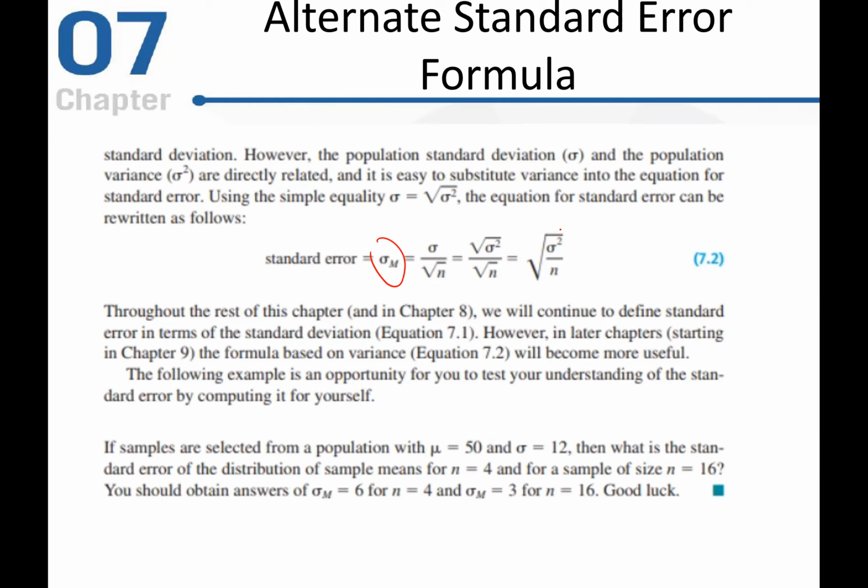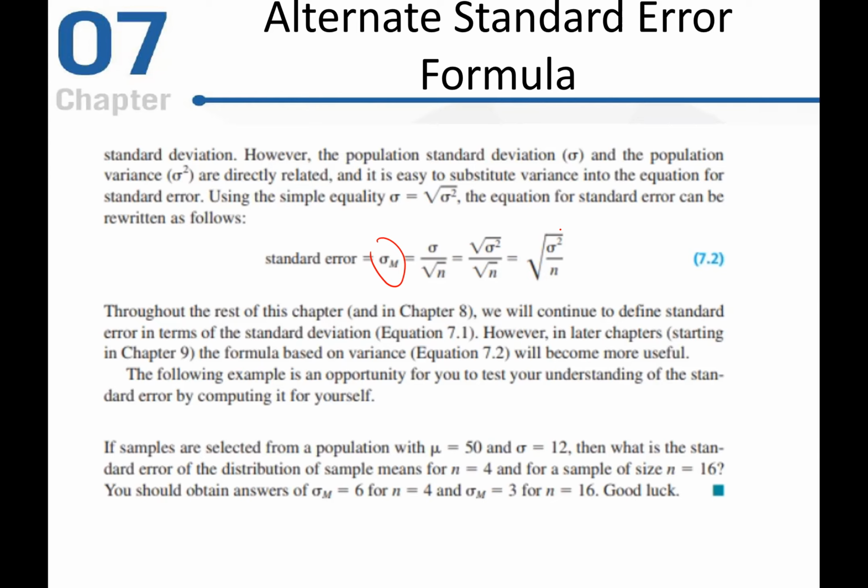And so throughout the rest of this chapter, we're going to continue to define standard error in terms of the standard deviation. However, like I said, in later chapters, we're going to use a different formula to calculate the standard error. All right.